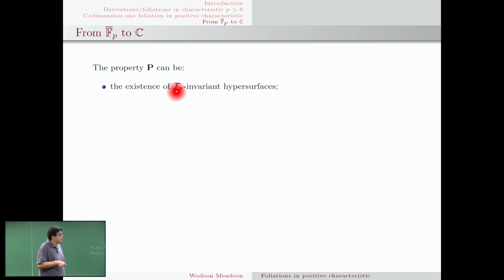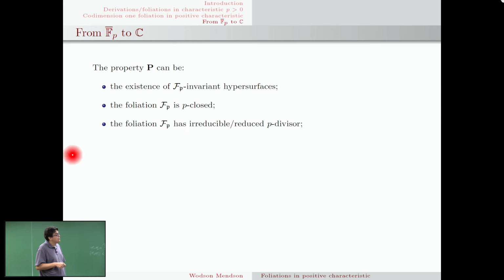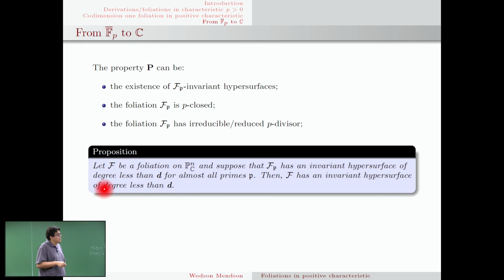So the property P can be the existence of an F_p-invariant hypersurface, or the property that the foliation is p-closed, or the property that F has an irreducible or reduced p-divisor. Here we have an example. Suppose that we have a foliation on Pn, and suppose that F_p has an invariant hypersurface of degree less than black D for most primes p.